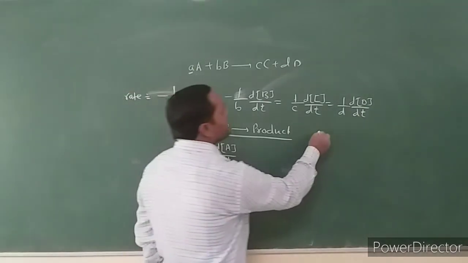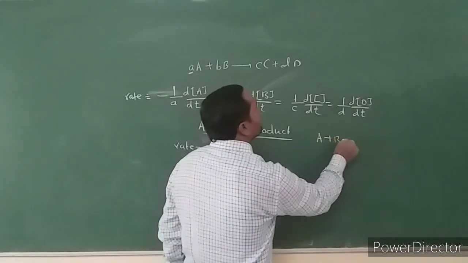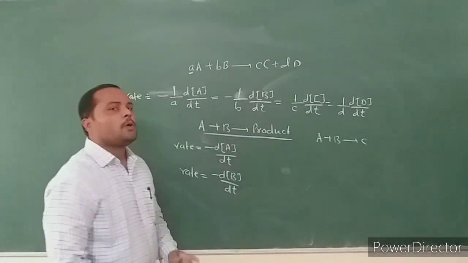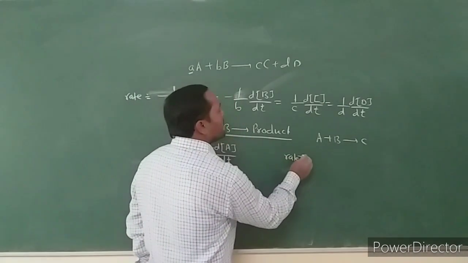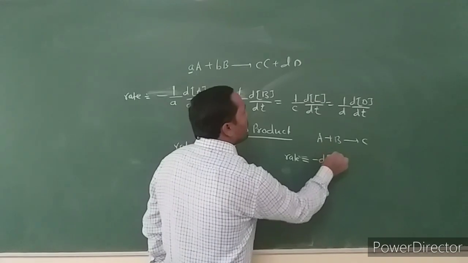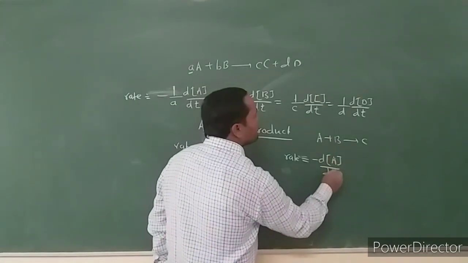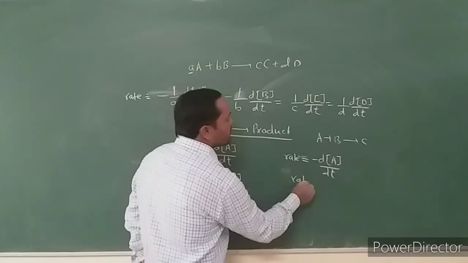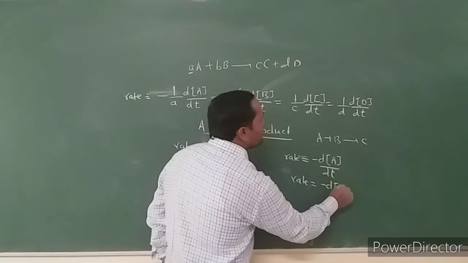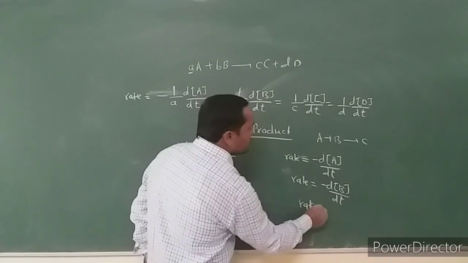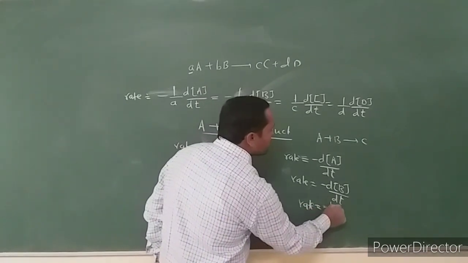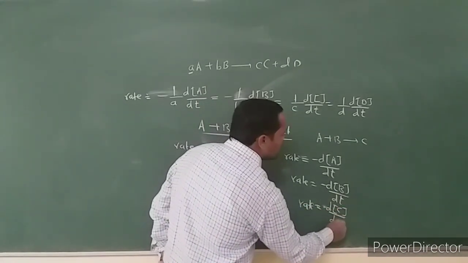For another reaction, A plus B gives C, the rate of reaction is equal to minus dA upon dt. It is also expressed by minus dB upon dt, or rate of reaction is equal to plus dC upon dt.